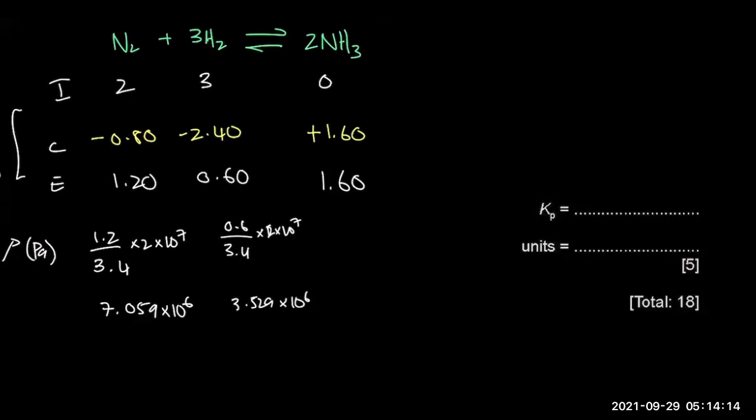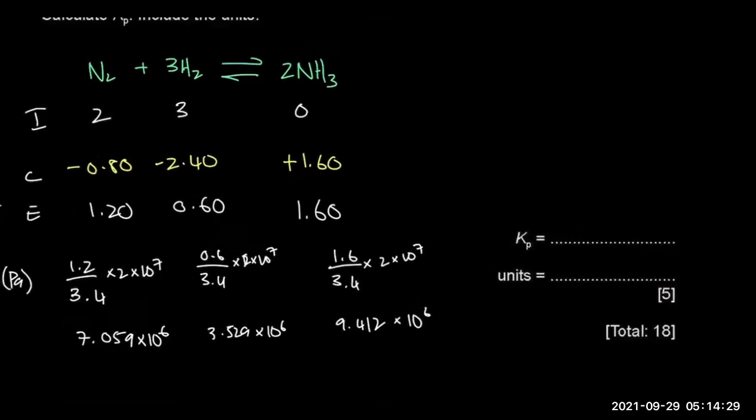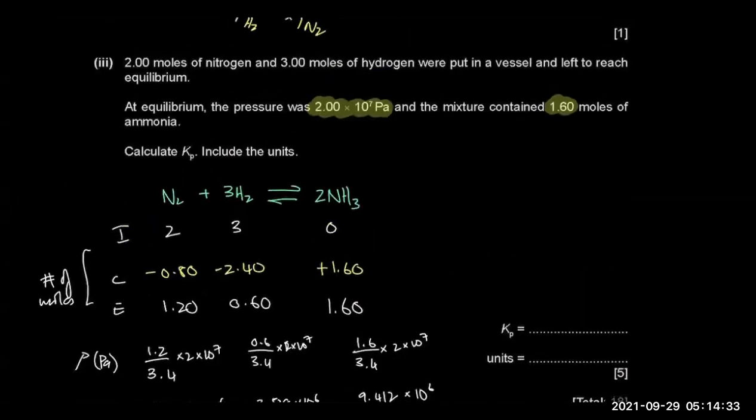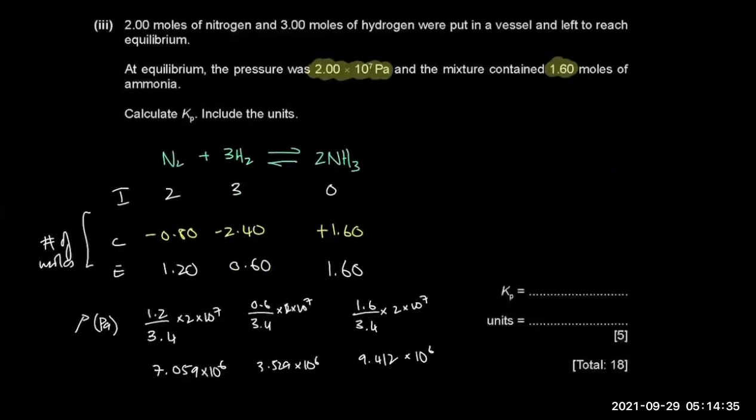And what about the last one? 1.6 divided by 3.4 times 2 into 10 to the power of 7 gives 9.412 into 10 to the power of 6. Okay, so these are your partial pressures. Now you will calculate the Kp value.